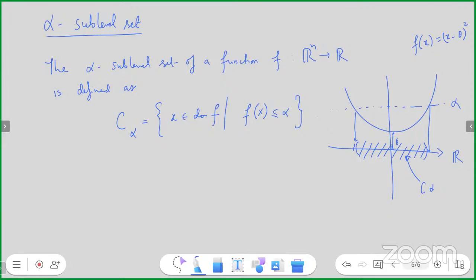So, everybody agrees? He's saying yes, that if every alpha sublevel set of a function is convex, then the function should be convex.